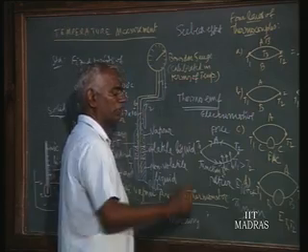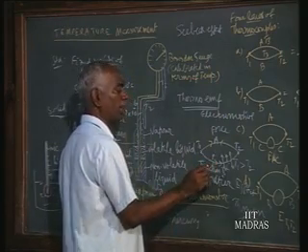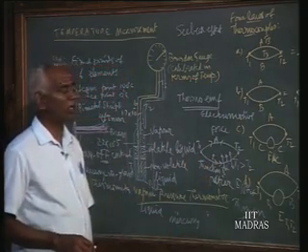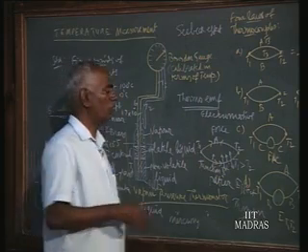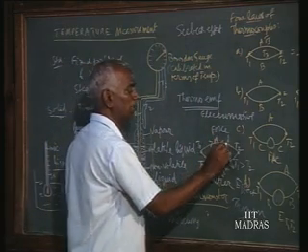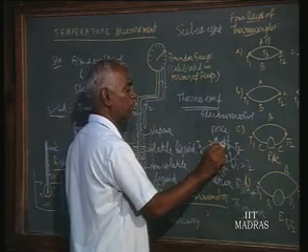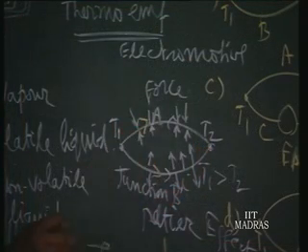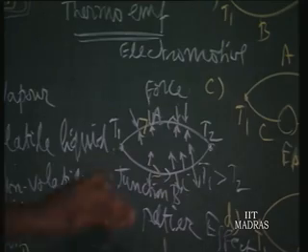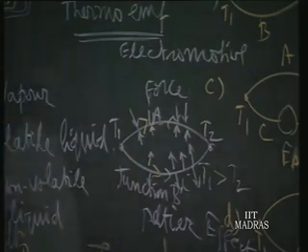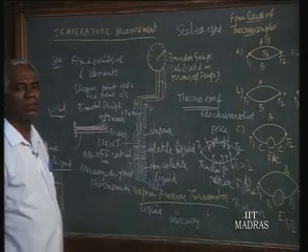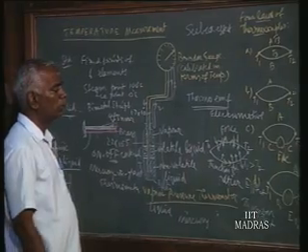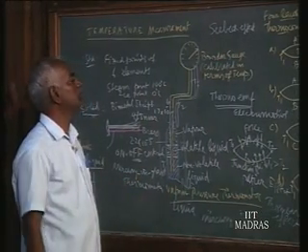In the wire where they are opposite, heat is absorbed from the atmosphere by the wire. That is the Thomson effect. So these are the three effects that happen in a thermocouple circuit.